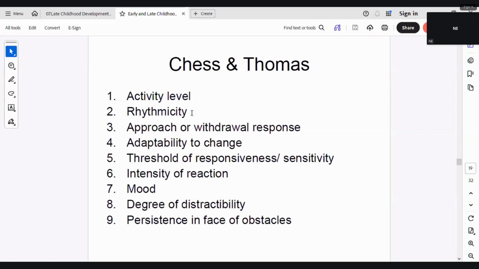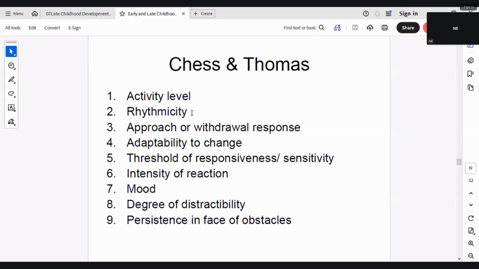Then we have mood. Some children's mood is extremely reactive, whereas some kids are a lot more mellow. Degree of distractibility, in terms of when given tasks, ties into the last one, which is persistence in the face of obstacles.